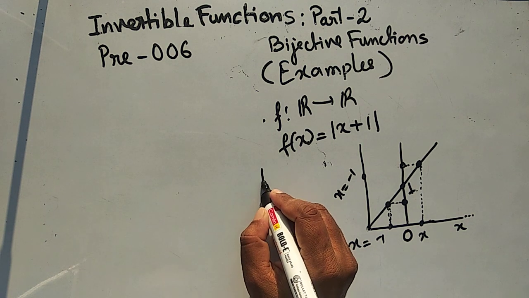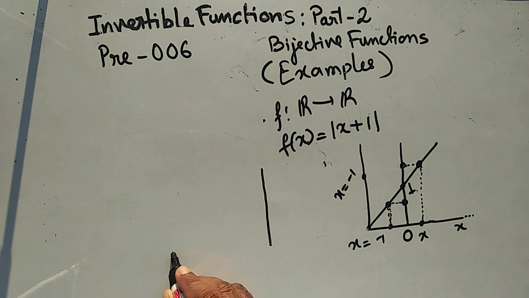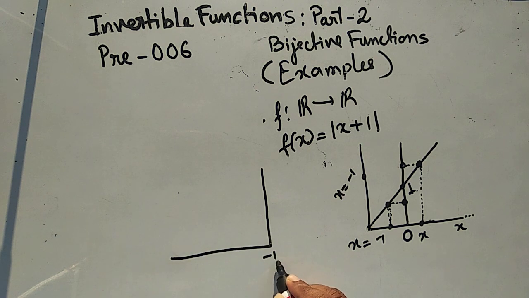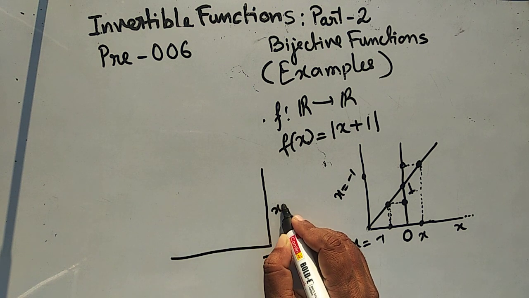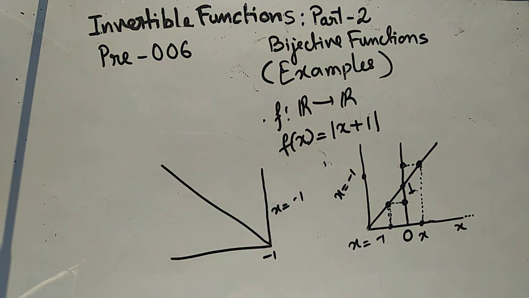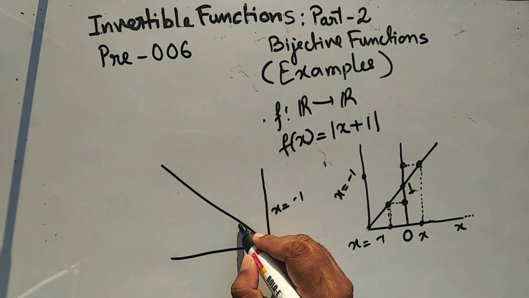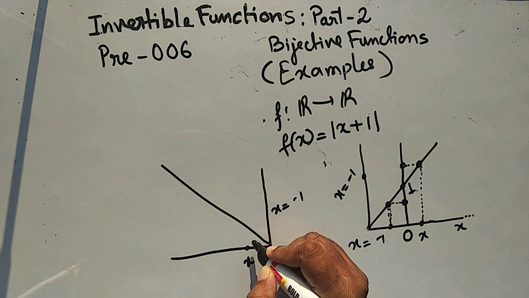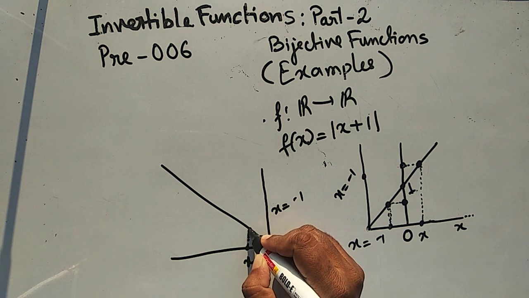Story is not over yet because this is your -1, so this is x equal to -1. This is also another line. Okay. So here also, for each x you have f(x).